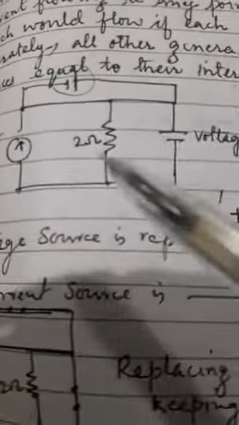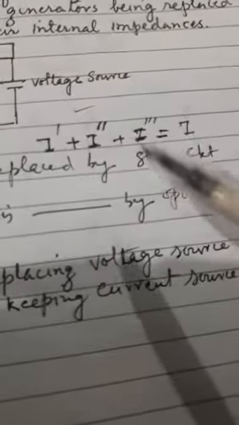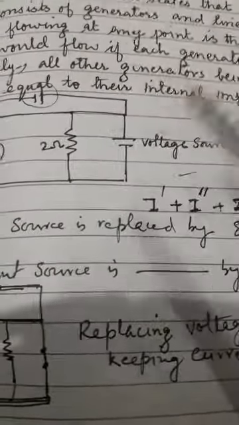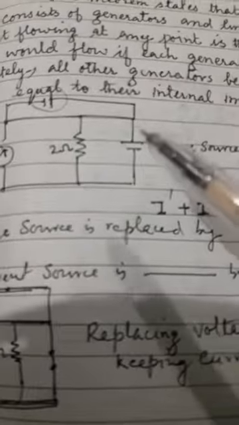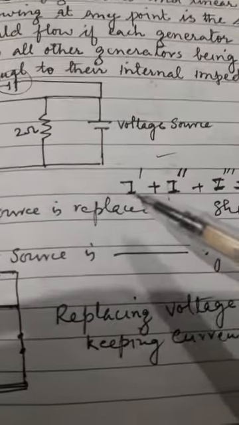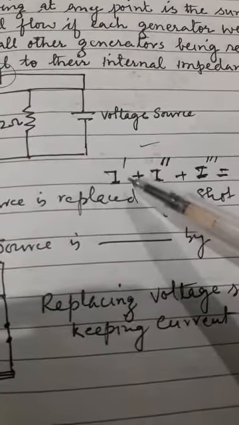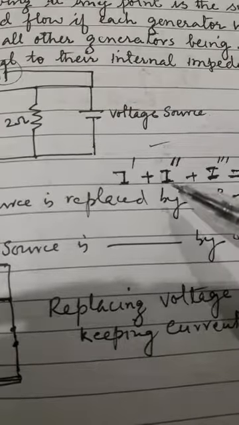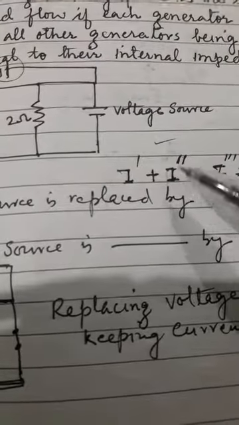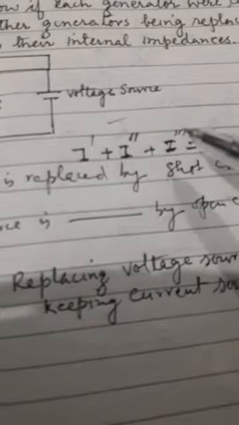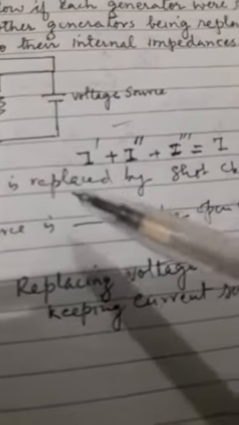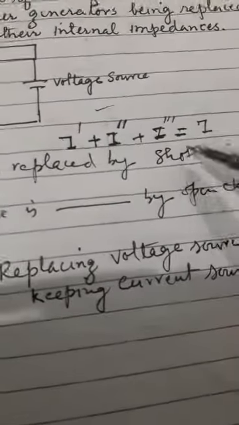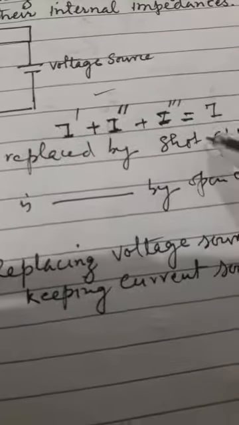So what you will do, you have to add those currents flowing: the current named I dash, plus current I double dash, plus current I triple dash. Taking their summation will be equal to I, the total current flowing through the circuit.